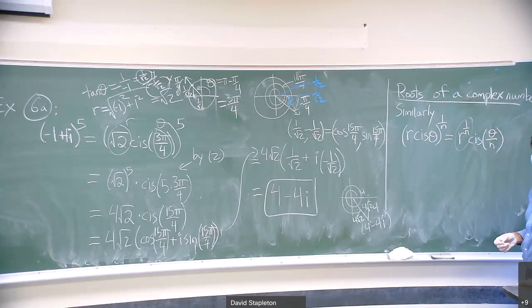This is a root, but it turns out when you have nth roots of a complex number, there are actually n different ones. How can we get that? This is just one of them. Here's how you can get the others. Remember, cosine and sine are both 2 pi periodic, so if I add to this 2k pi for any integer k, right? 0, 1, minus 1, 2, minus 2, etc. This will be the same number, because cosine and i sine will have the same value.